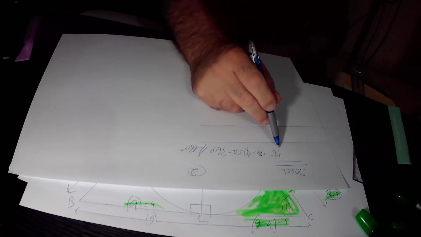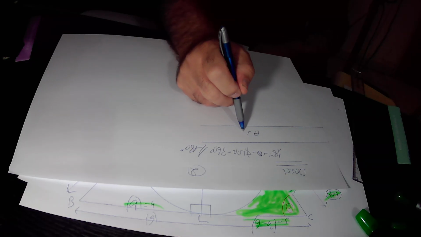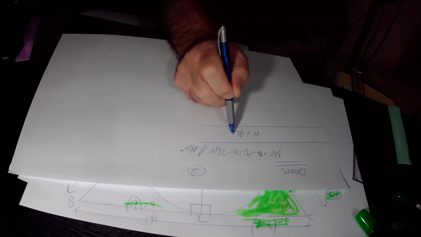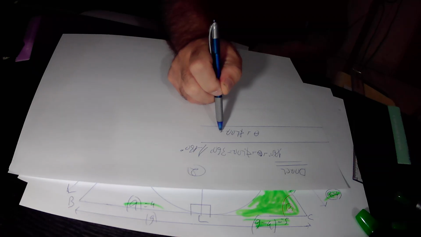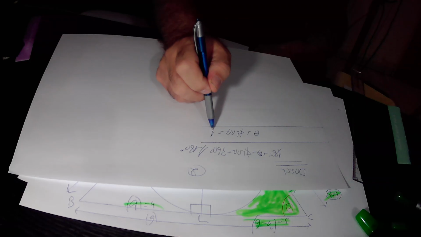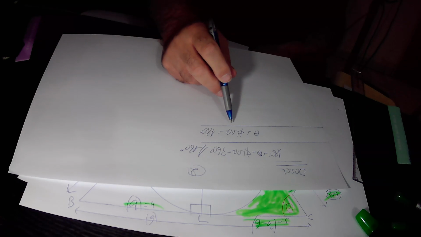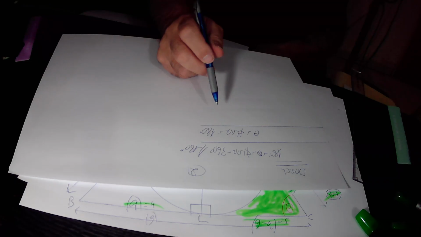So 180 degrees gets cancelled. We are left only with theta plus the missing angle LOQ, which is equal to 360 degrees minus 180 degrees, that is 180 degrees. So in total, theta plus the missing angle LOQ equals 180 degrees.